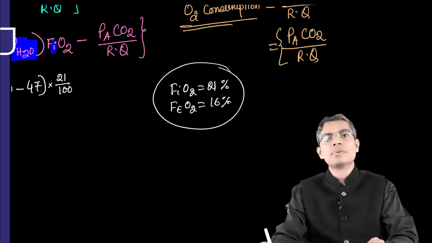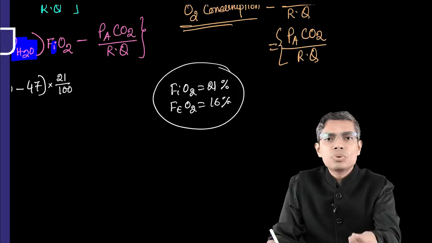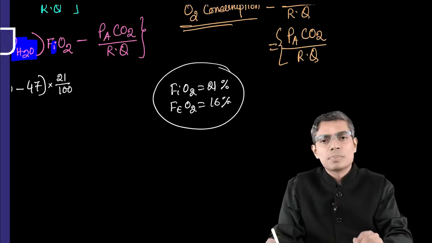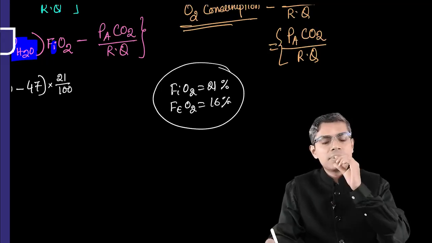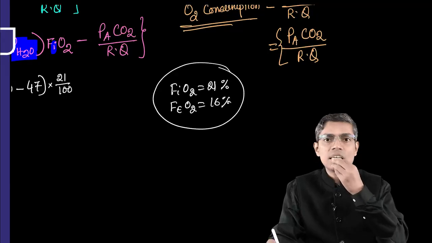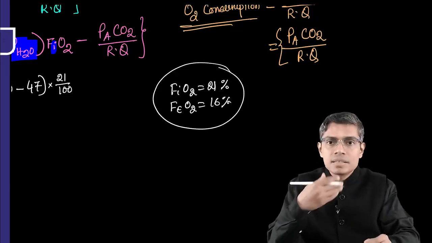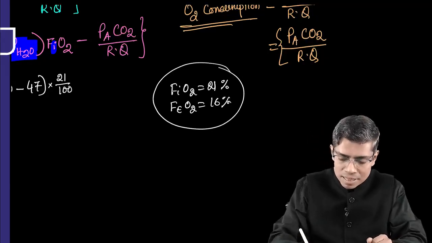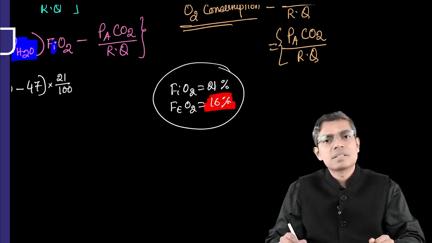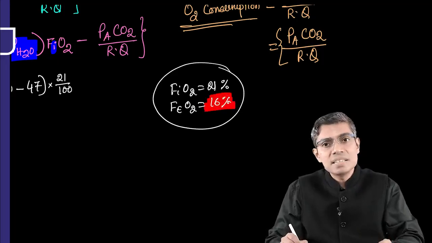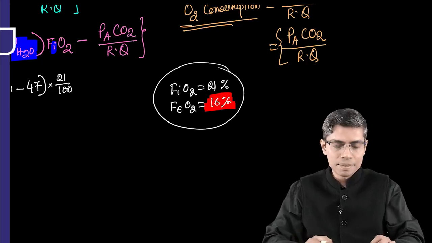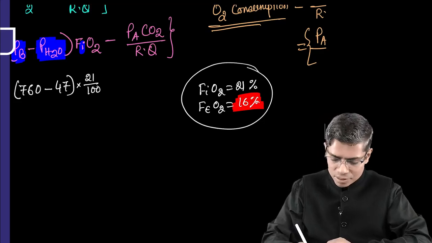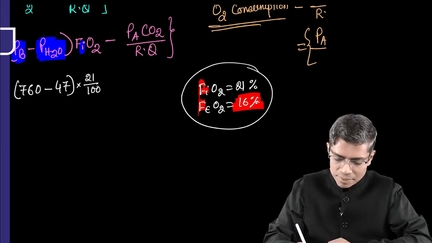That's why there is an MCQ: if you give mouth to mouth respiration, how much oxygen is delivered to the person? Whenever you are giving mouth to mouth respiration, your expiratory air is the inspiratory air for the other person, right? So how much oxygen will be delivered? That is 16%. That is the FeO2, and the FiO2 is 21%.